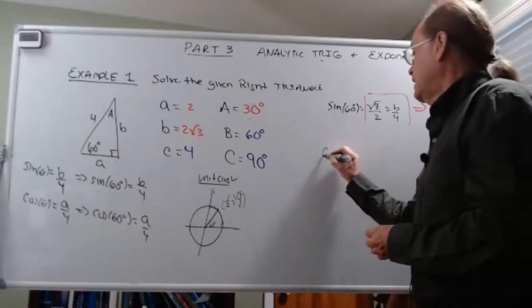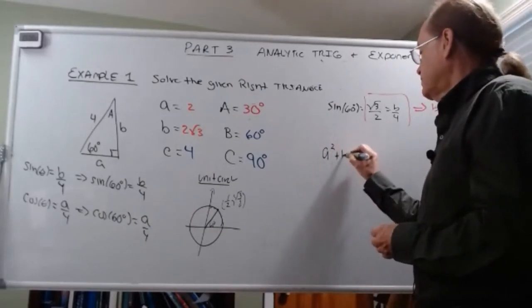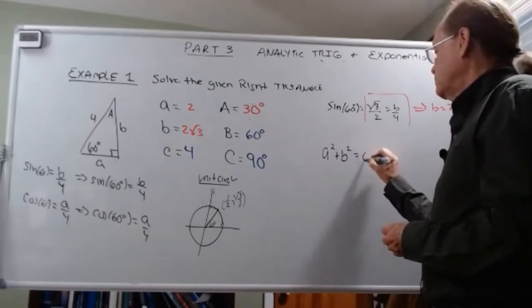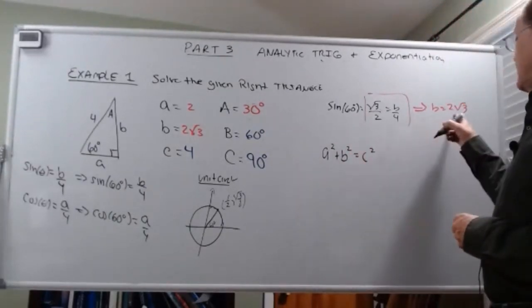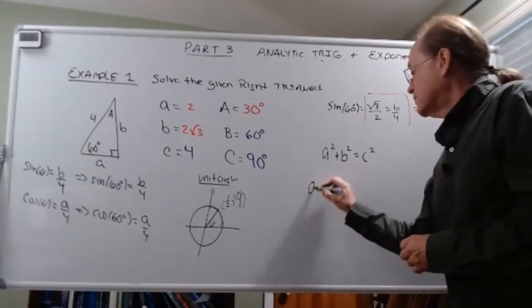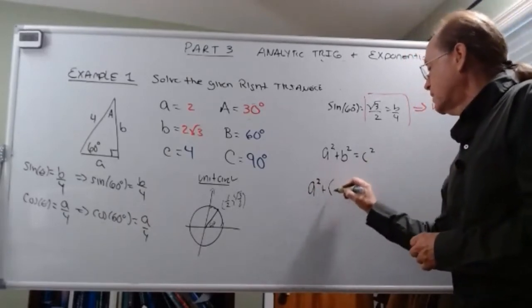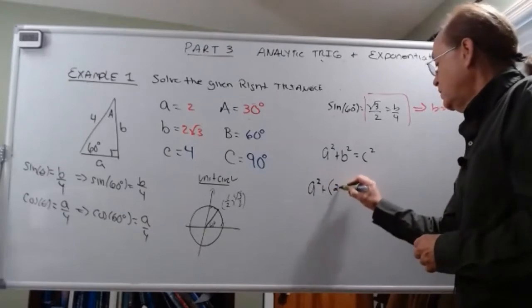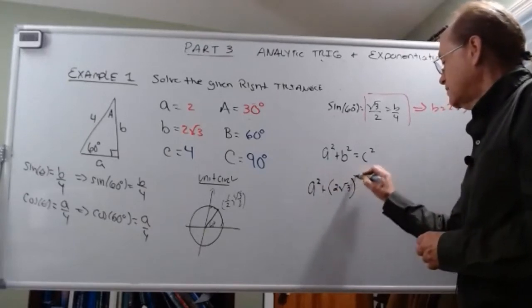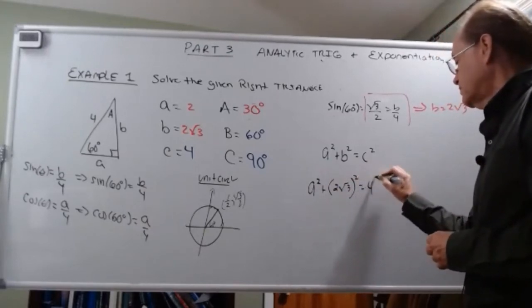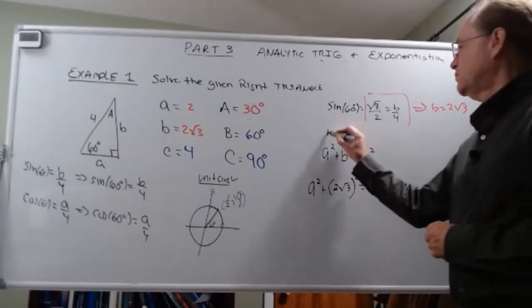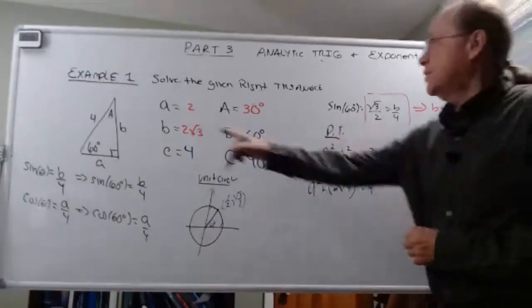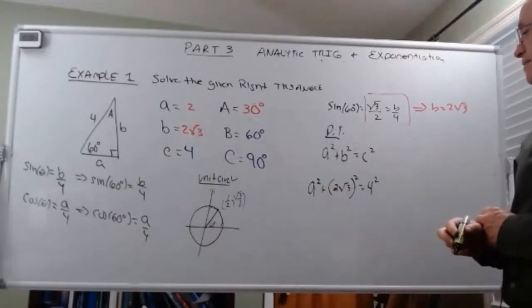A squared plus B squared is equal to C squared. I only have B, so I'm looking for A. B squared is 2 square root of 3, quantity squared, equal to C squared, which is 4 squared. I'm going to use the Pythagorean theorem to find the other missing side.